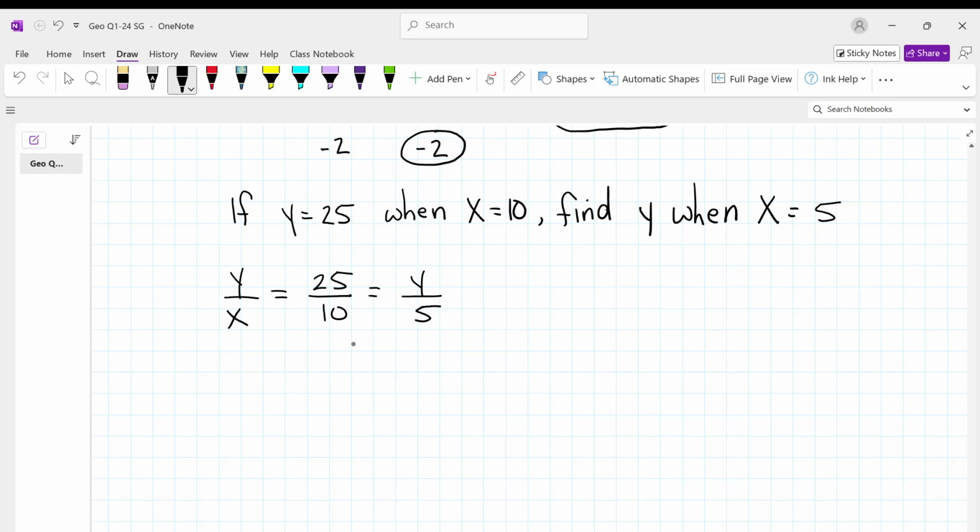So 10 times y is 10y. 25 times 5 is 125. And then divide both sides by 10. So our y equals, what's that, 12.5? 12.5.